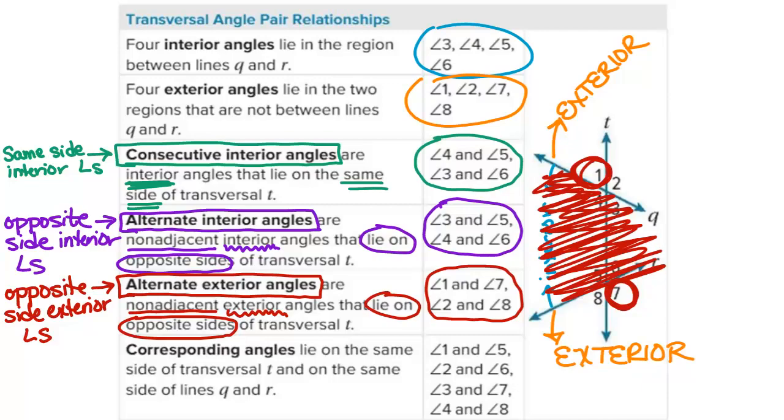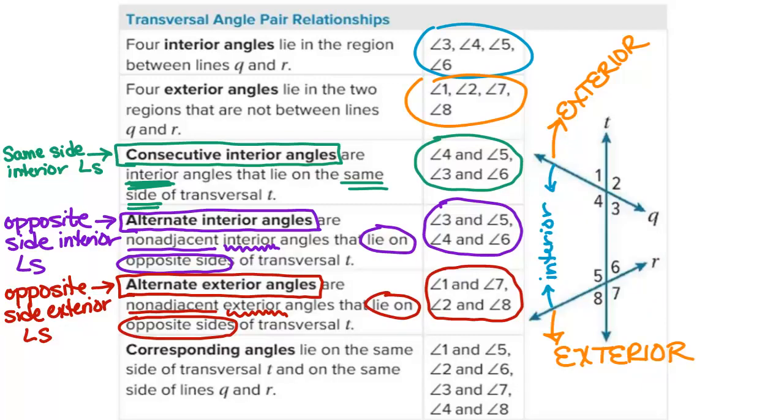Corresponding angles. Let me find a new color for this one. Let's do pink. Corresponding angles lie on the same side of the transversal and on the same side of their respective lines.